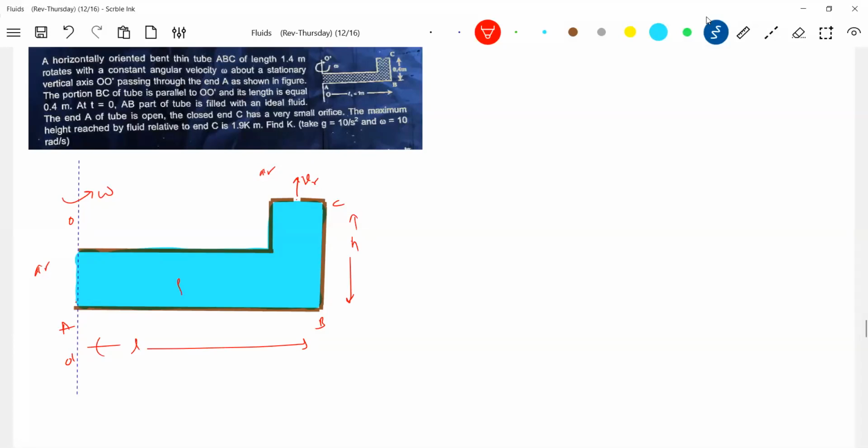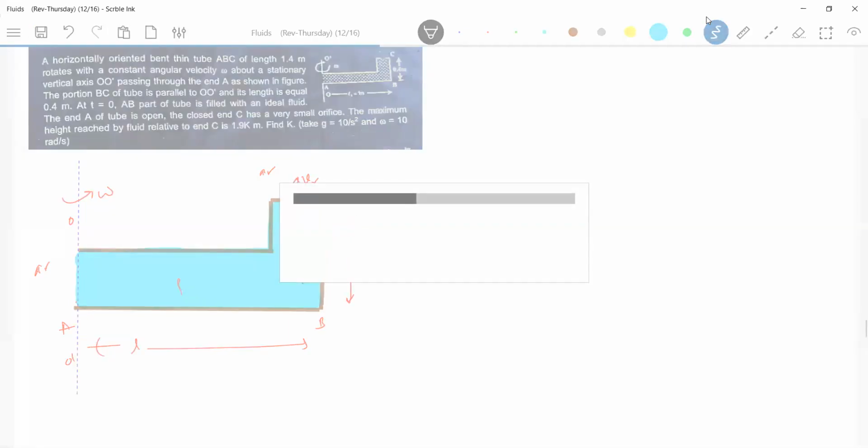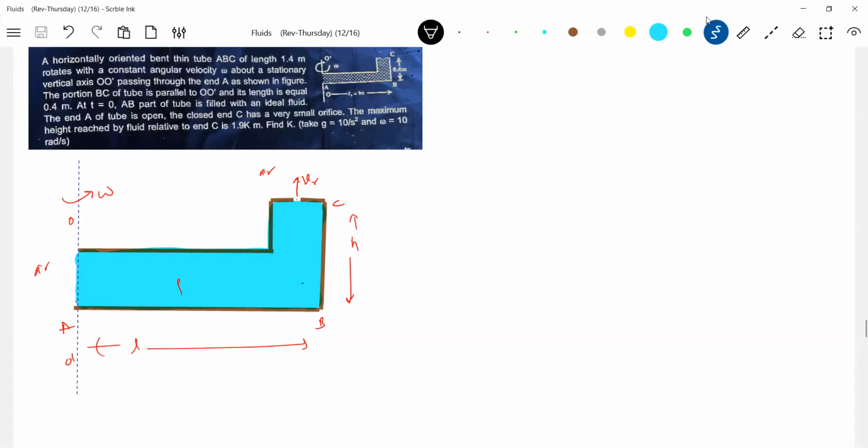Shall we calculate the pressure at B, as we discussed previously? Anybody, what can be the answer? Pressure at B: P naught minus or P naught plus?